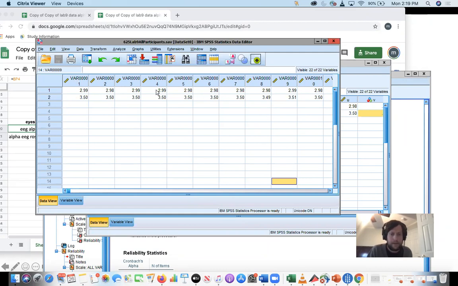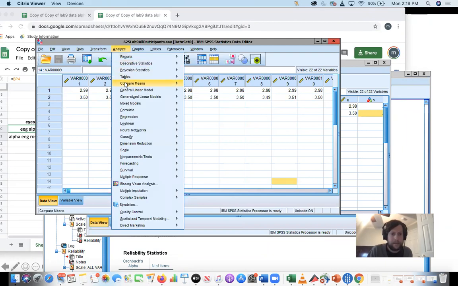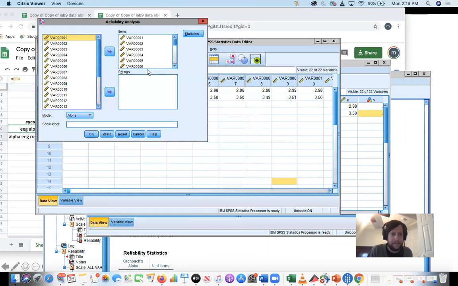You copy and paste those numbers into Excel, and then you will do analyze, scale, reliability analysis, and then you will move over all of those columns where a score appears. The column where a score does not appear, you do not want to move that over into this thing called items.